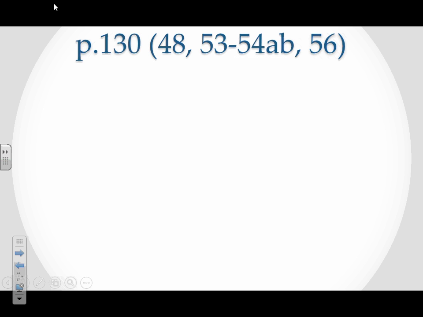Now 53 and 54, you are only doing parts A and B. If you try to do part C, you're not going to know how to do that yet. That's a backwards calculation. That's starting with a percentage and working back to a value. So parts A and B are the ones you're going to use first. And then 56, same type of deal, just finding percentages based on your normal distribution here.